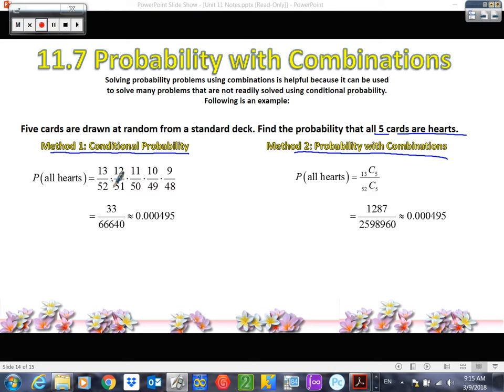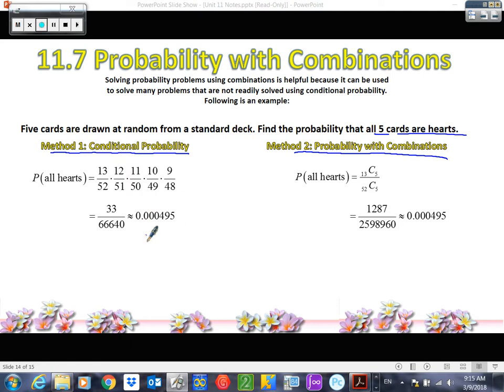And so multiply, and I want my second card to be a heart, and there's only 12 hearts left and only 51 cards left, and that would be the probability for the second card. And the third card, well, I still want a heart, and there are only 11 hearts left, and there are only 50 cards left. So you see what we're doing? We would do that for all 5 cards, and then we would multiply all these numbers together, and we would get this probability. Okay, so that's one way to do it.